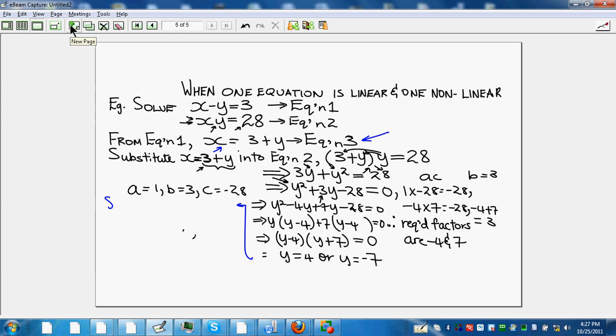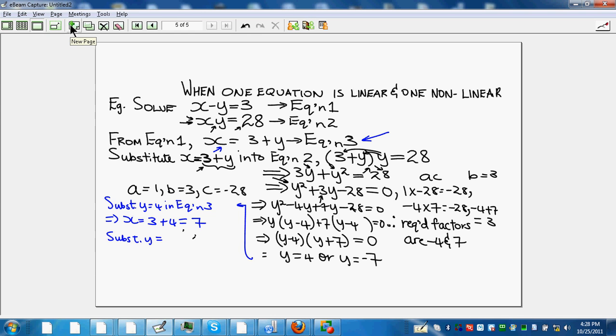So I'm going to substitute y equal to 4 in equation 3. And what am I going to get? I'm going to get x is equal to 3 plus 4, which is equal to 7. And I'm also going to substitute now the other value for y.